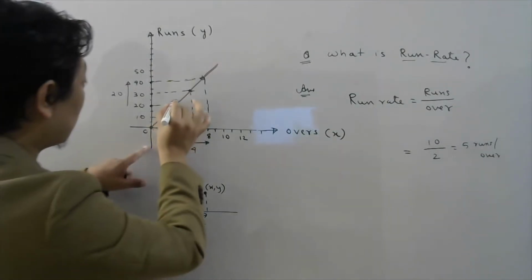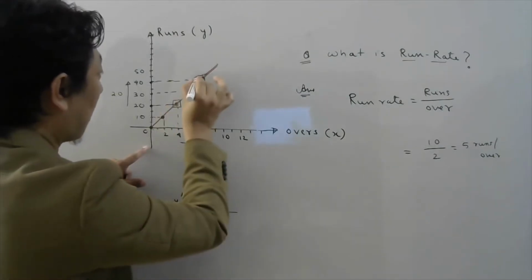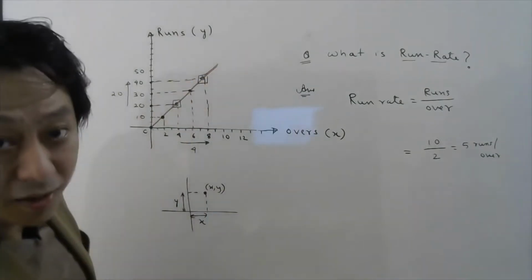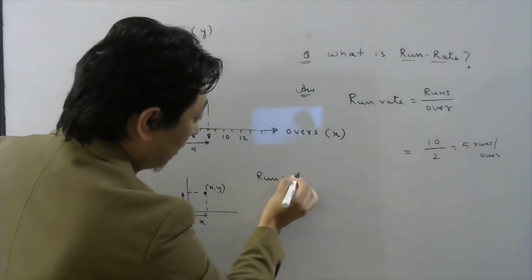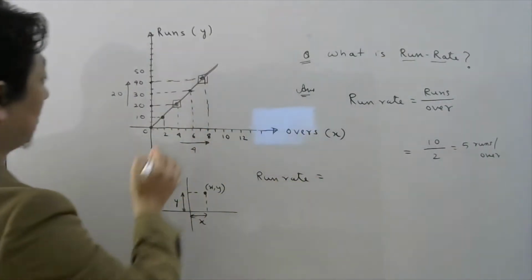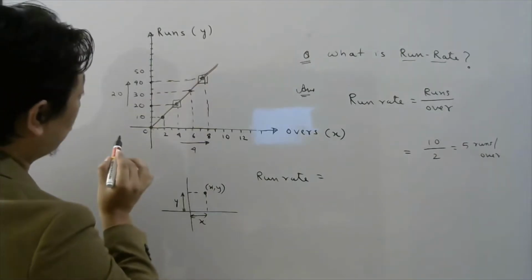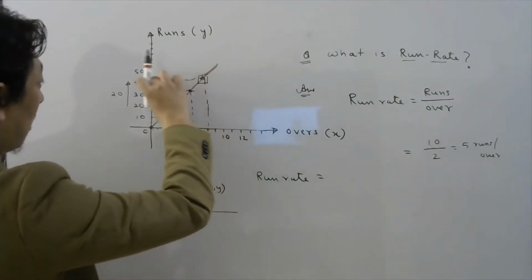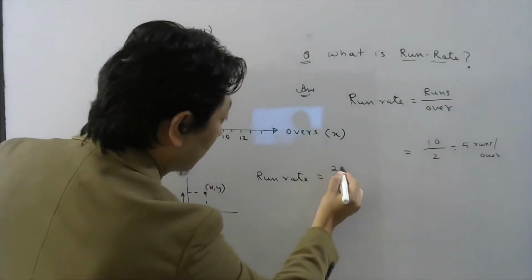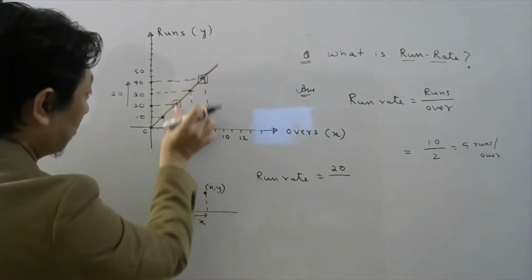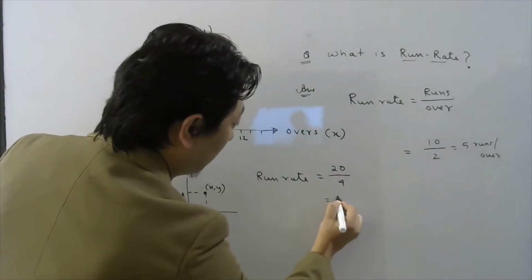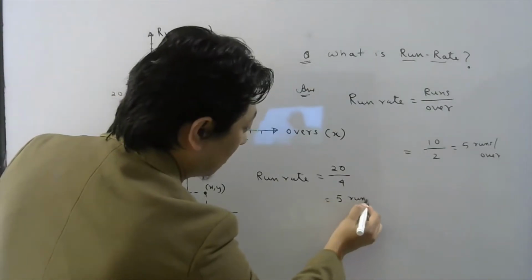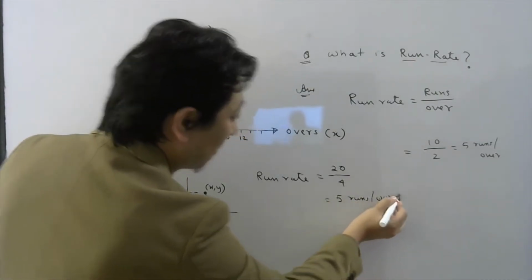So if I choose this point and this point to calculate the run rate, what would I get? The runs scored are 20 and the number of overs bowled from 4 to 8 is 4. 20 by 4 would give you again 5 runs per over, right?